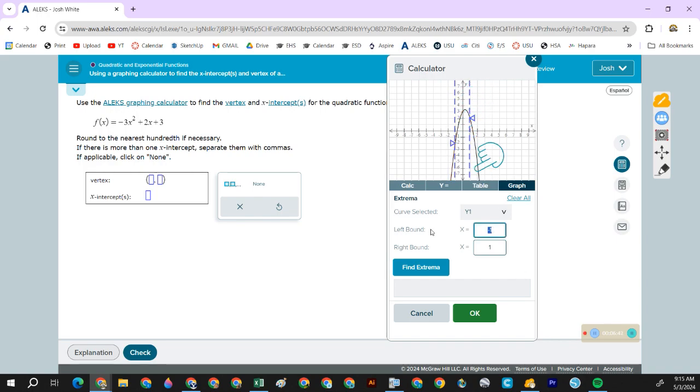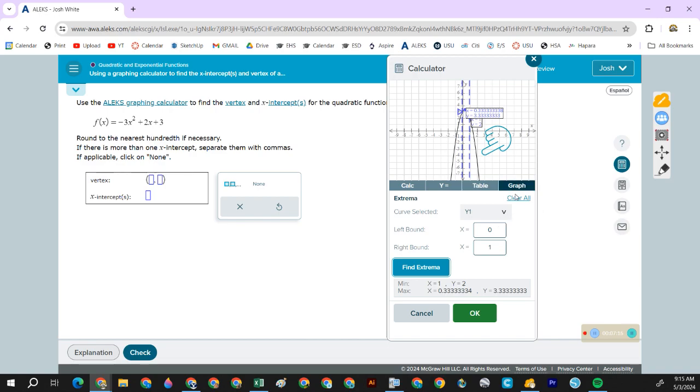So I'll say from 0 to 1. Is my answer between those two blue lines? Yes. Find extrema. And the minimum doesn't really make any sense in this case, but the maximum is 1/3, 3 1/3. So the vertex is 0.33, and the y is 3.33.